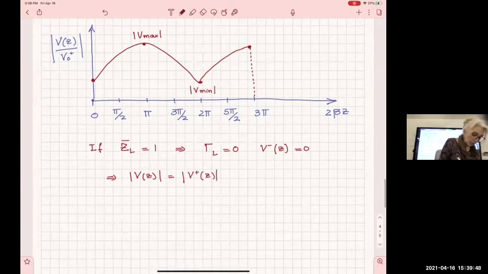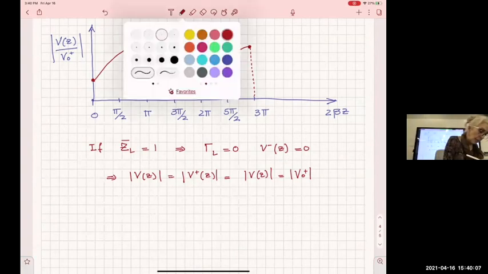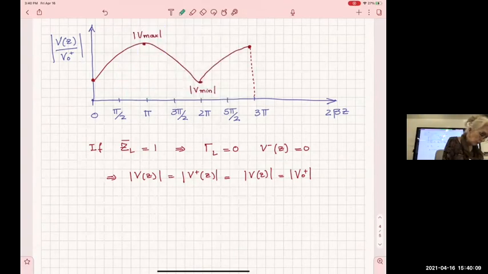Which then tells me that my V of Z would be equal to a constant. So if I were to plot this V of Z, I would find a constant line, a straight line, and in that case, it would look like this.